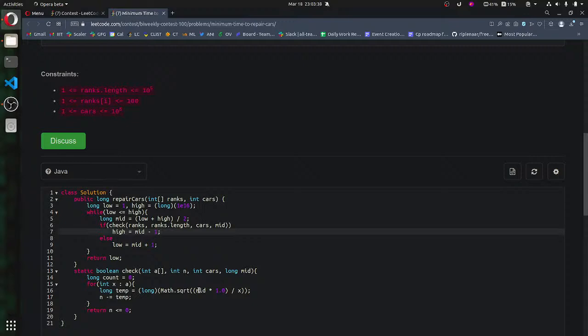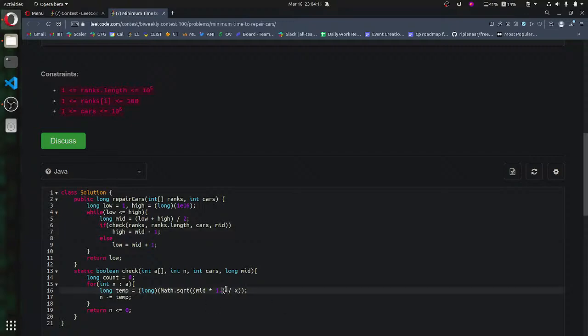So n cars are given to that mechanic, and it will take x into n square time. In mid time how many cars should be given to him? So x into n square must be less than mid. We know the x value, so to compute, n square must be less than mid by x.